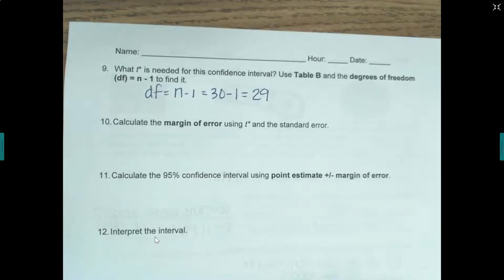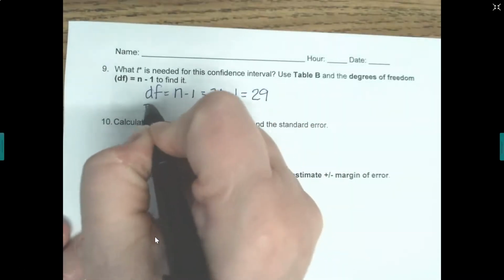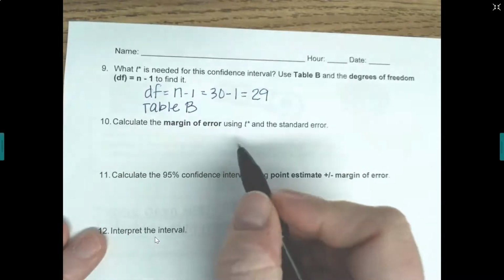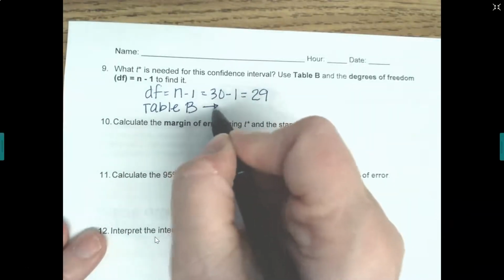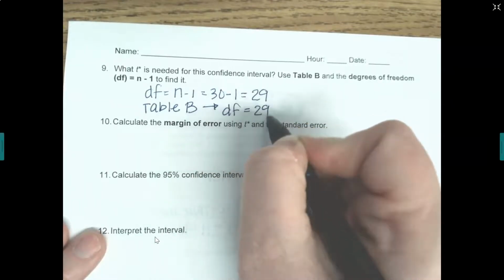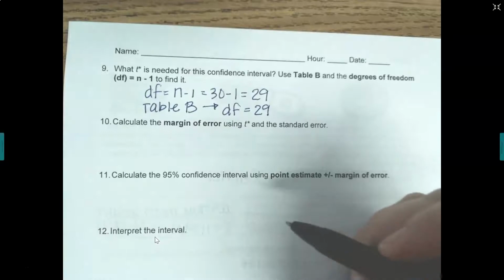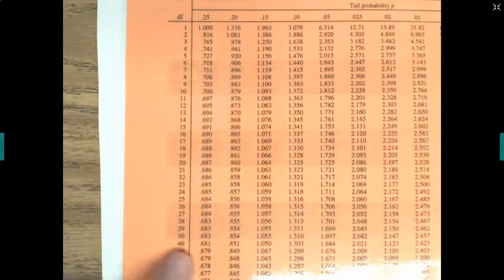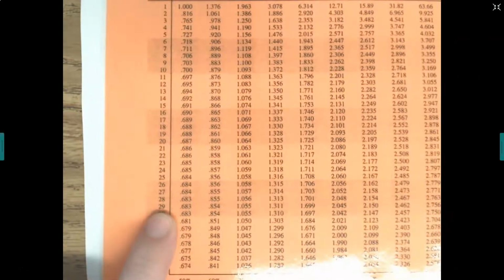Now, we're going to take a look at table B. We're going to go down the side and find where the degrees of freedom equal 29. All right, let's get a little bit closer here. So I'm going to go down and find my degrees of freedom of 29 right here.